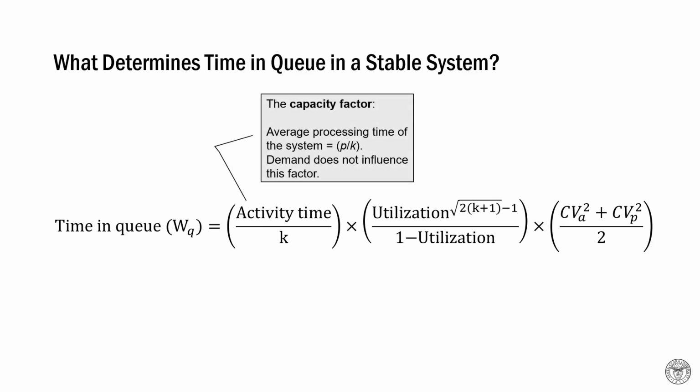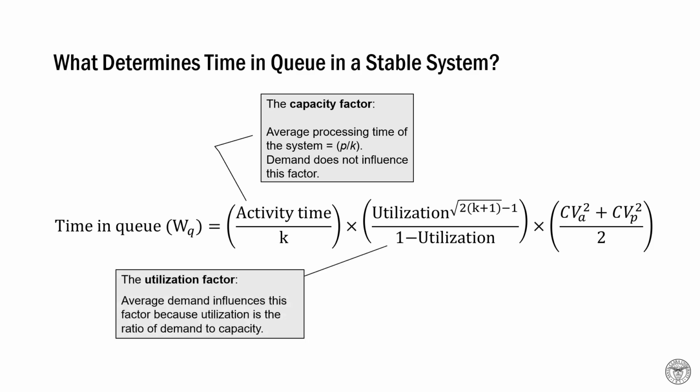There are 3 primary factors at play. The first is the capacity factor, derived as the average processing time of the system, or P over K. This factor remains unaffected by fluctuation in demand.